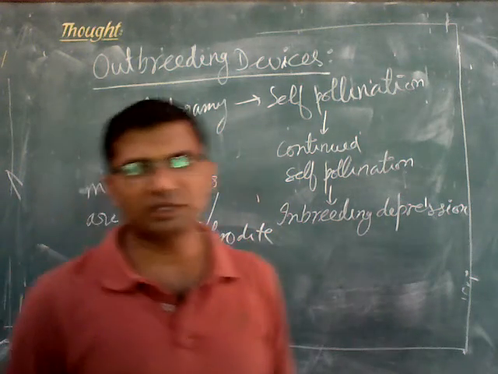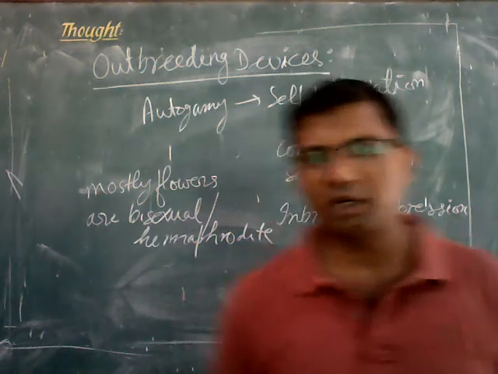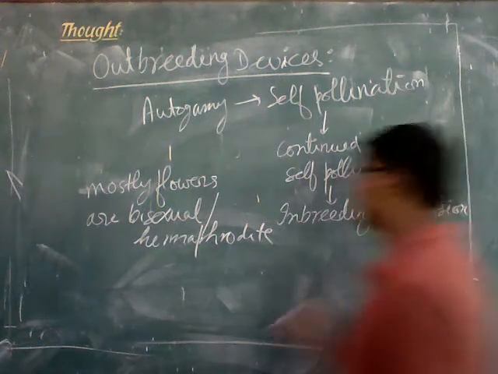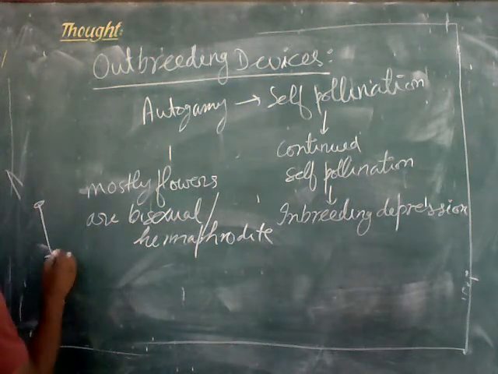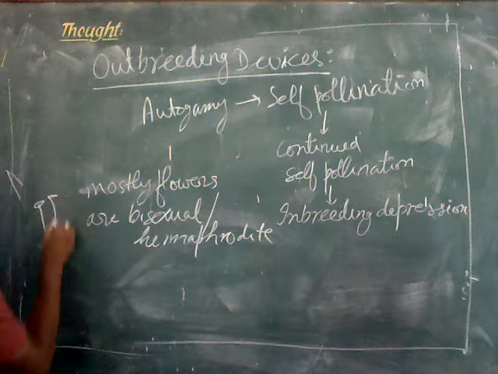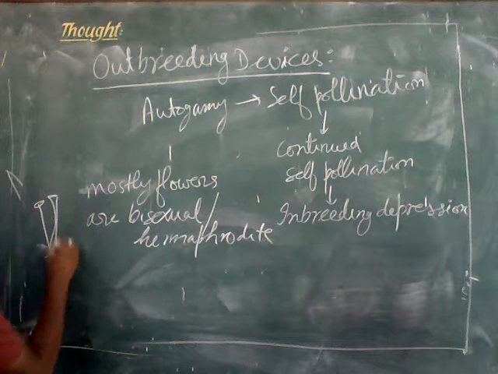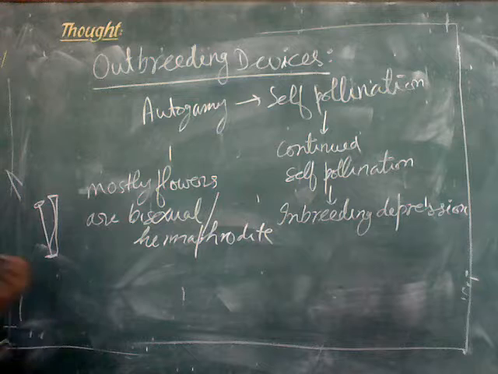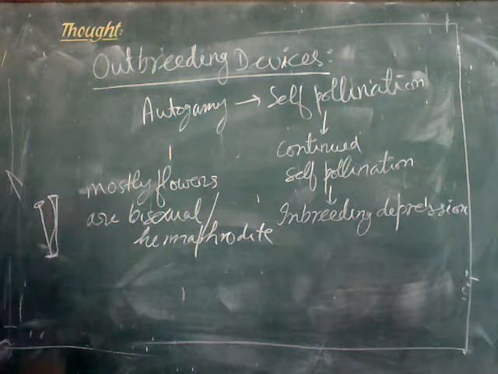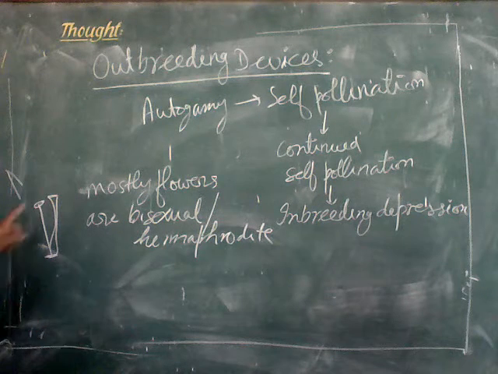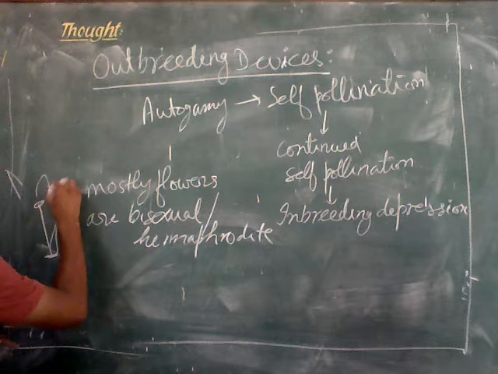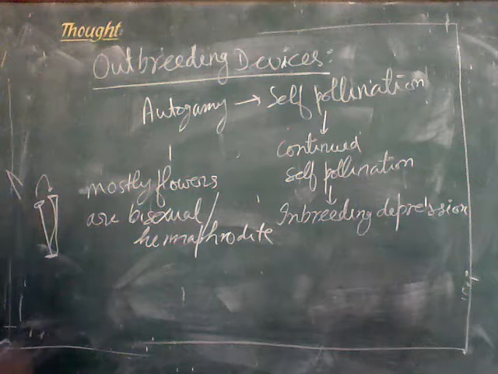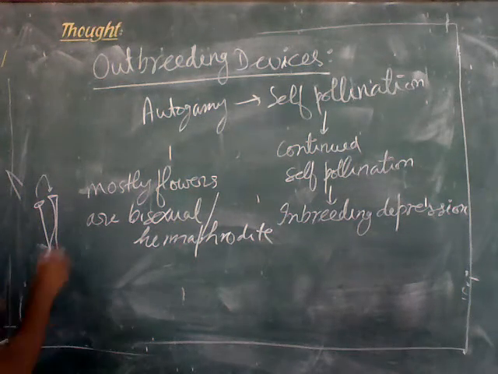So mostly flowers are bisexual or hermaphrodite. What does it mean? It means that the flower will have the androecium as well as the gynoecium. Both the portions will be there. Okay? So because it has the androecium as well as gynoecium, the pollen can be transferred very easily. And the majority of the flowers are bisexual.